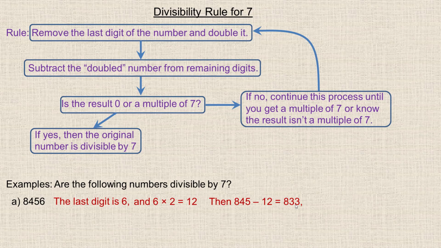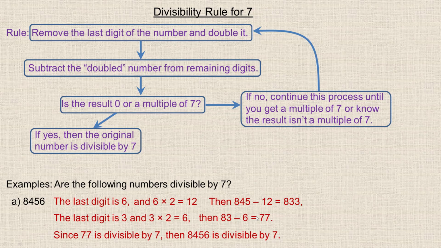And 833 is probably too big for most people to look at and say, oh, I know that's a multiple of 7, or I know it's not. So you continue the process. The last digit's a 3, and you double it to get 6. When we take the 3 off, there's 83 left. So 83 take away the 6 is 77, and that's probably small enough for most people to realize that I know that's a multiple of 7 because it's 11 times 7.